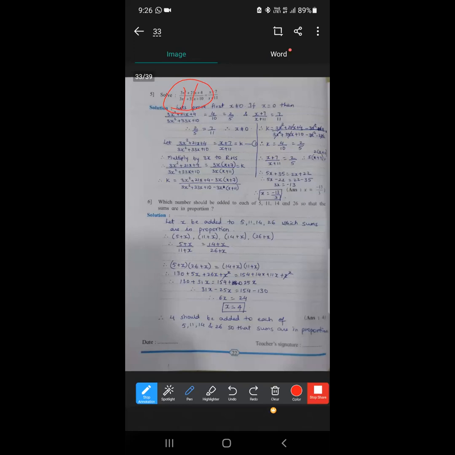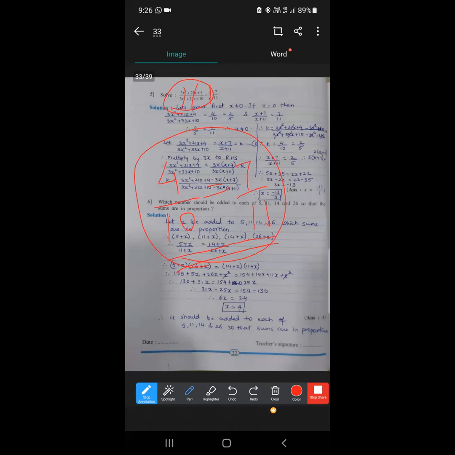And here also the x will become 0, so it will be 4 upon 10 is equal to 7 upon 11. What the question asks is to find out the value of x. So if the value of x is 0, then x is not left over here. There is no meaning of solving this question.